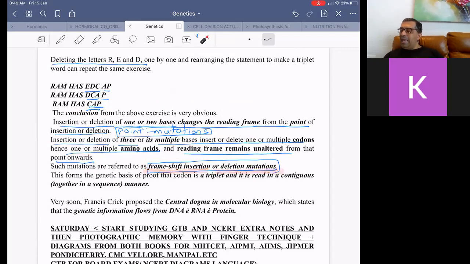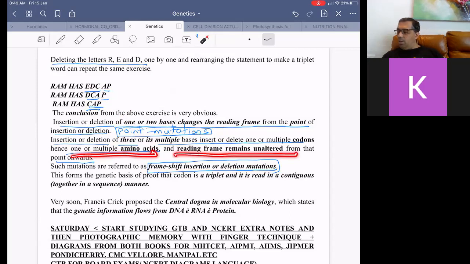So one or two base pairs change the reading frame completely from the point of insertion or deletion. That is called point mutation. That is very dangerous. But if three or multiples of three are inserted or deleted, then one or multiple amino acids are added or deleted, but the reading frame remains unaltered.